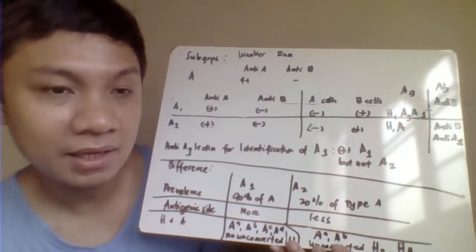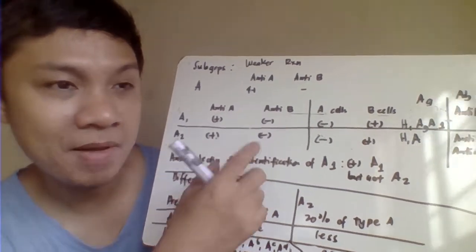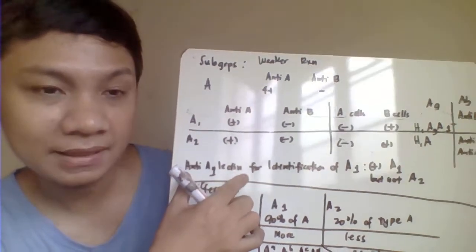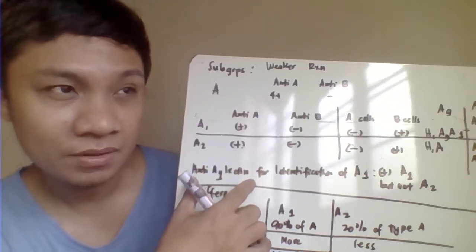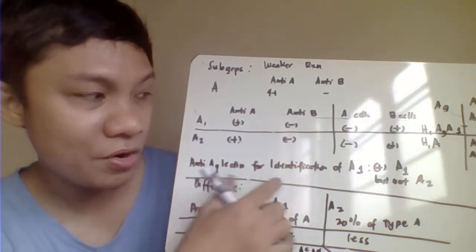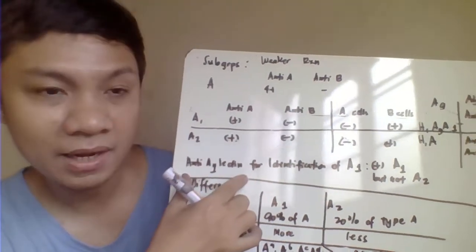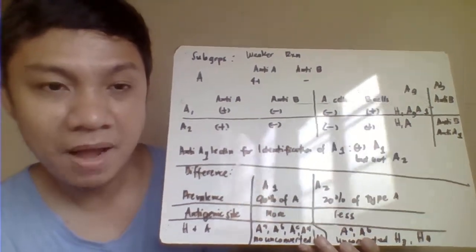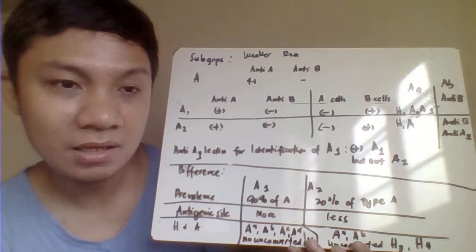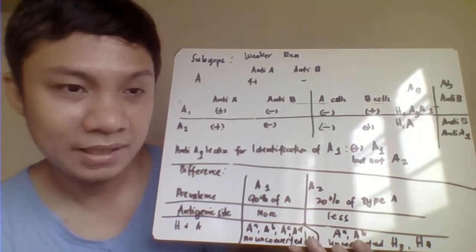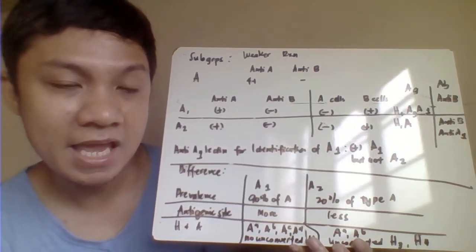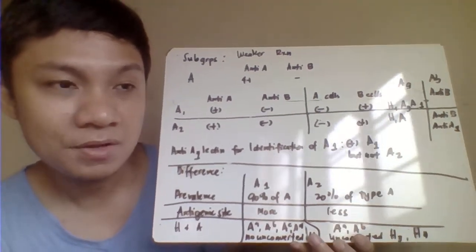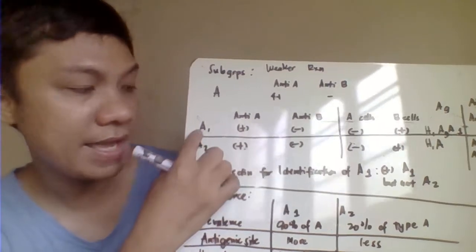Paano natin madidetect kung sino yan ang merong A1 na antigen? So, gagamit tayo ng lectin na anti-A1 lectin. So, anti-A1 lectin will detect your A1. Ano ulit ang anti-A1 lectin natin for detection of your A1? That's your Dolichos biflorus. So, pag gumamit ka ng Dolichos biflorus, yung reagent mo na yan ay anti-A1 lectin para makadetect ka ng A1 antigen. So, ang may A1 antigen lang natin is your A1.